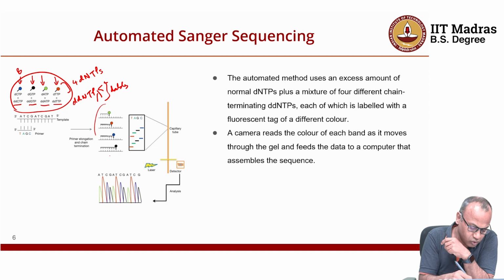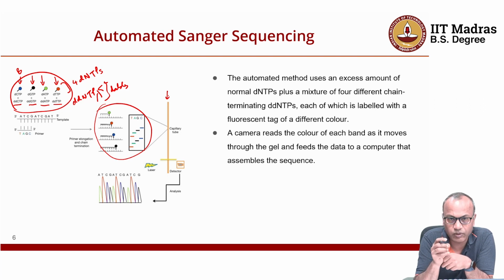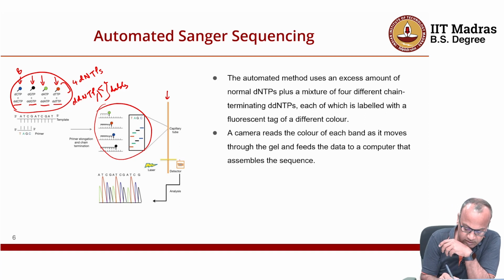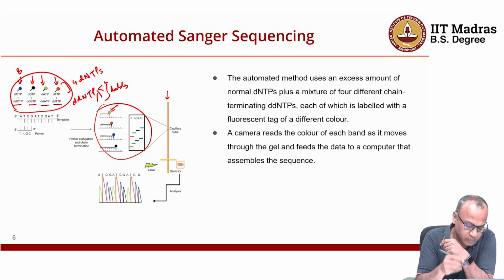Take that whole solution and load it onto a capillary tube where it allows the smallest fragment to run the fastest and the longest fragment to run the slowest at one base resolution. And then you have a laser light with a detector. As soon as the laser light shines on a small fragment, it will determine that this is a green color, and green color means an A was inserted.